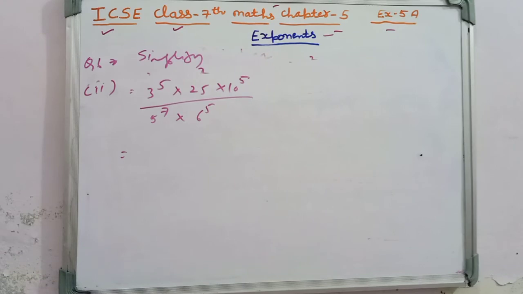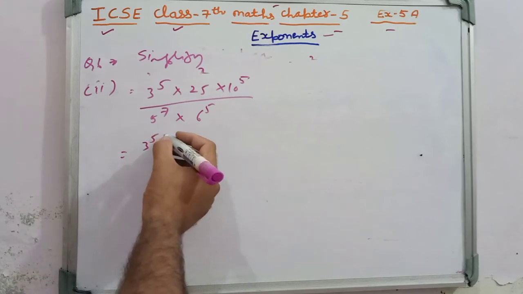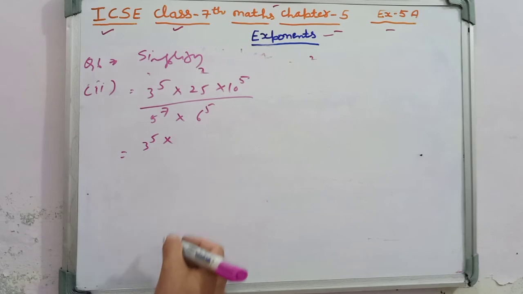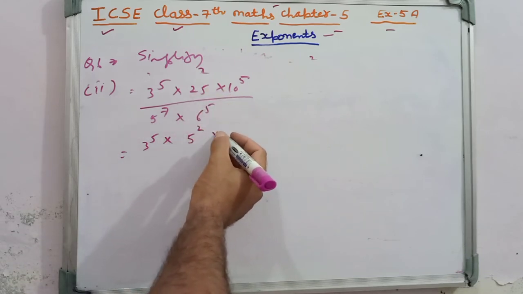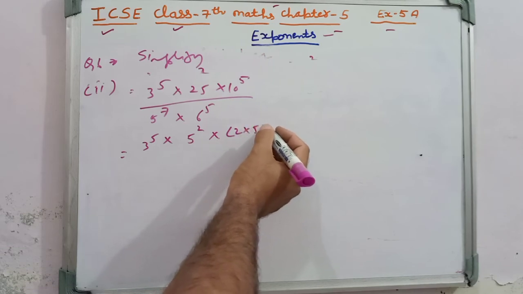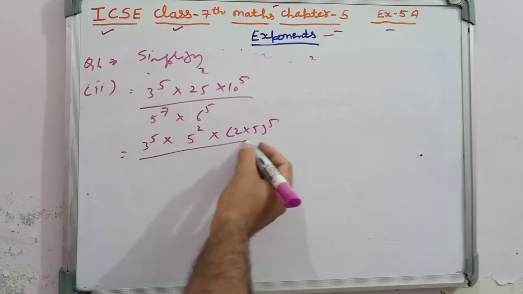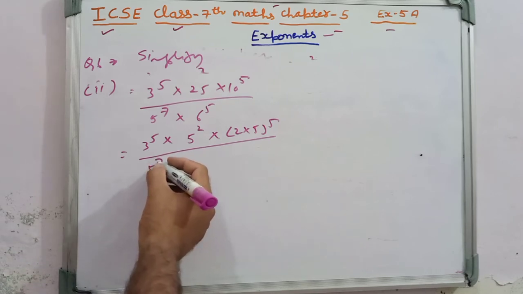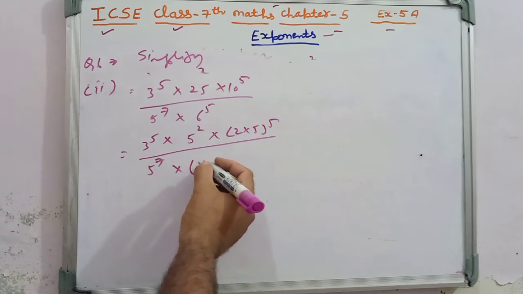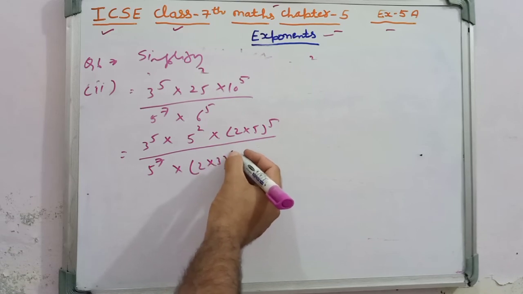Again we are breaking it down: 25 means 5 raised to power 2 multiplied by 2 into 5 raised to power 5, over 5 raised to power 7 multiplied by 2 raised to 2 multiplied by 3 raised to power 5.